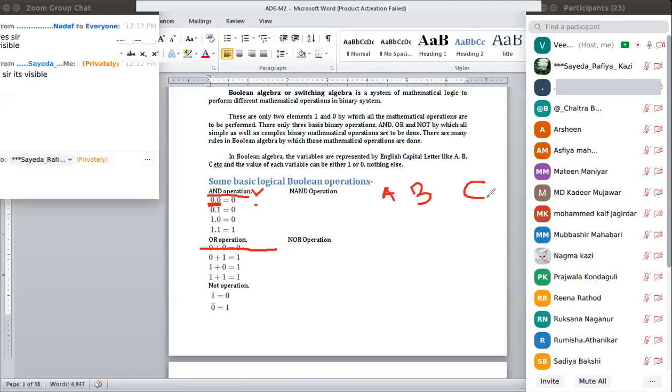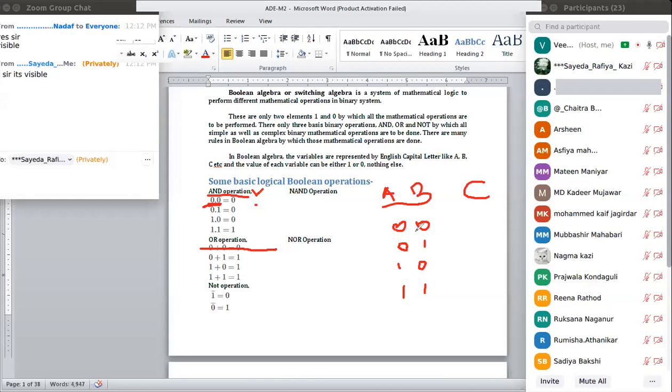And what will be the output for this? It will be C. Let us consider these are the variables. What are the different combinations of these two inputs? It is 0 0, 0 1, 1 0, 1 1.